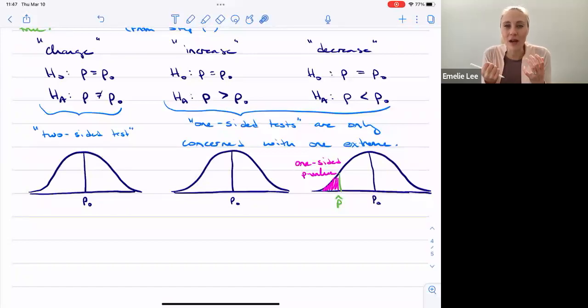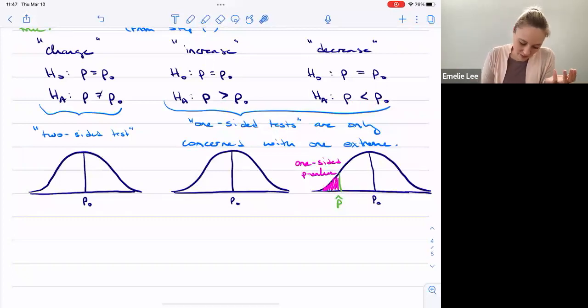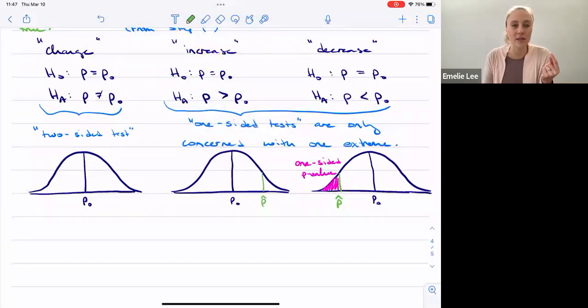How I find my p-value depends on what my alternative hypothesis was. If my alternative is that p is less than p naught, then I want to find the area below the z-score that I calculated in step 2. Whereas if I want to know if p is greater than some p naught, then of course my p hat would have to be on the upper end.